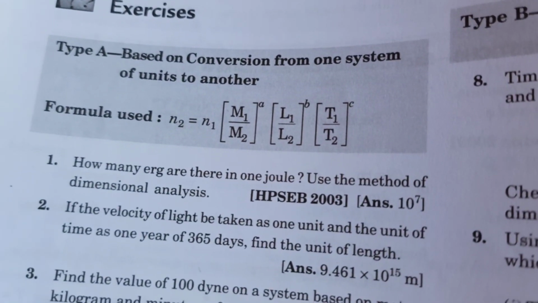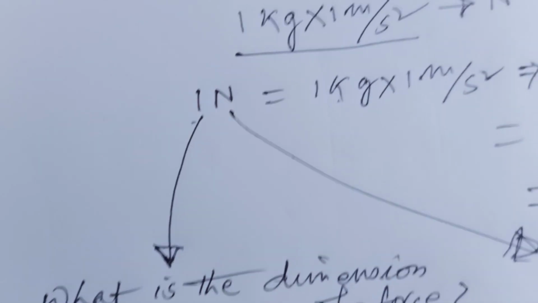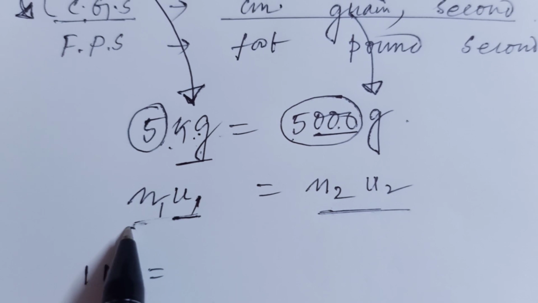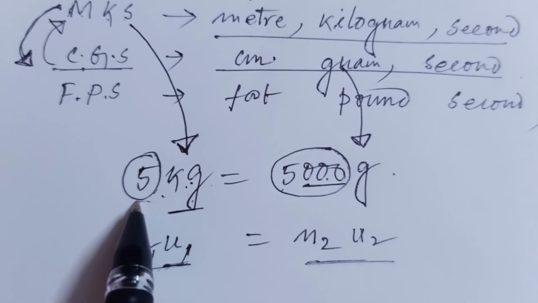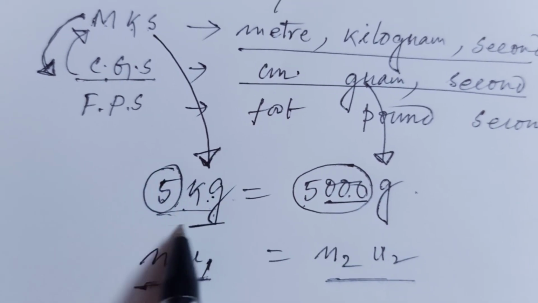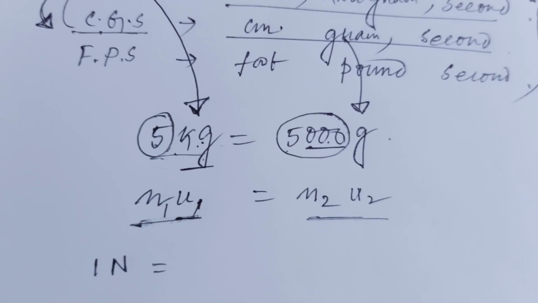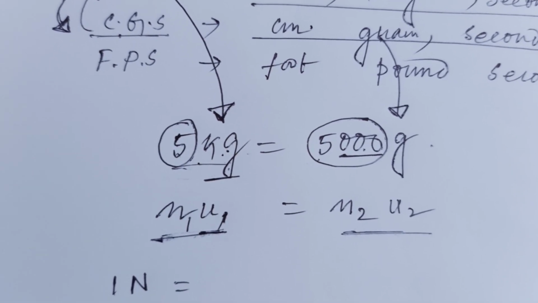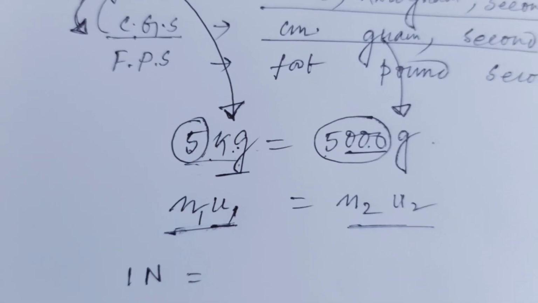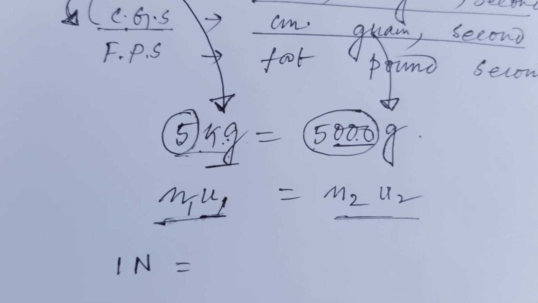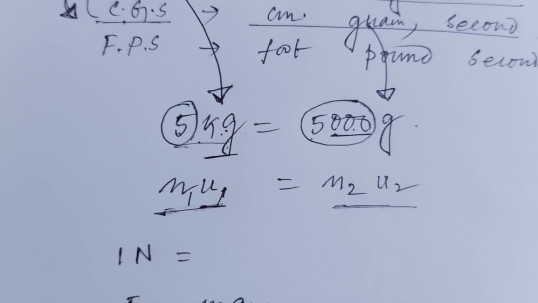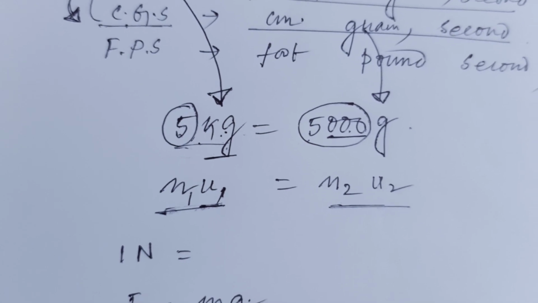Because first of all you have to know, if we change a physical quantity from the SI to the CGS system, then the numeric value changes and the unit changes, but the total magnitude of the physical quantity remains the same.